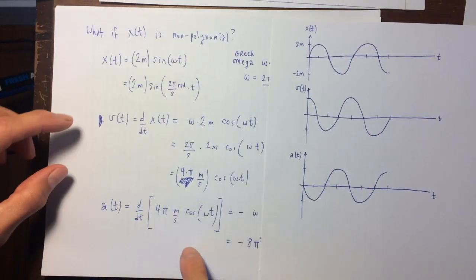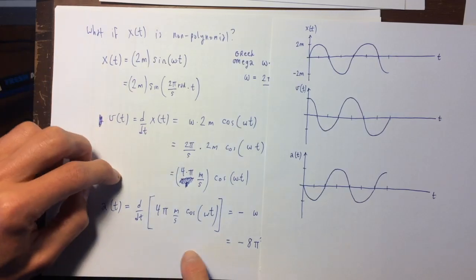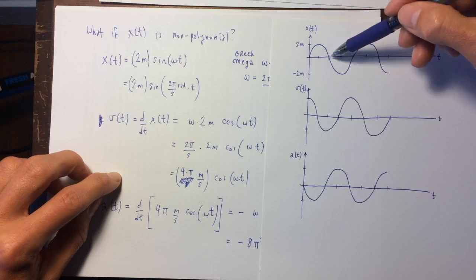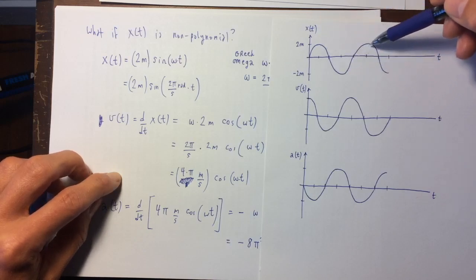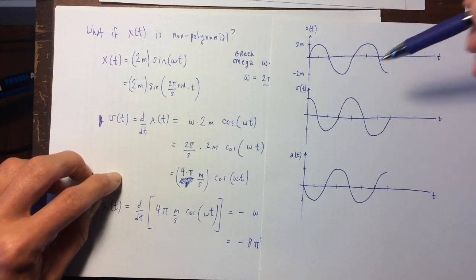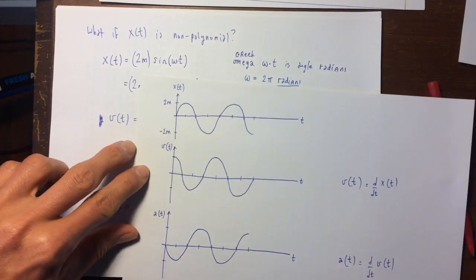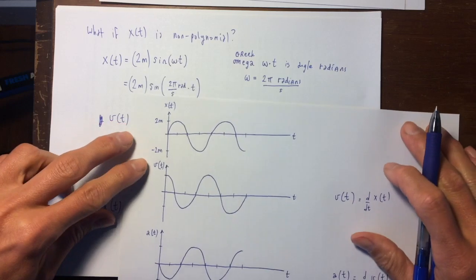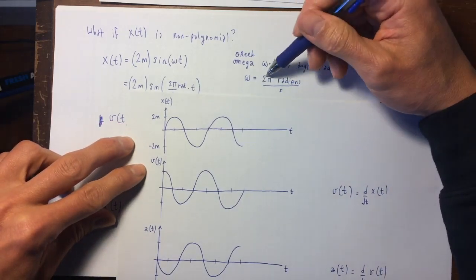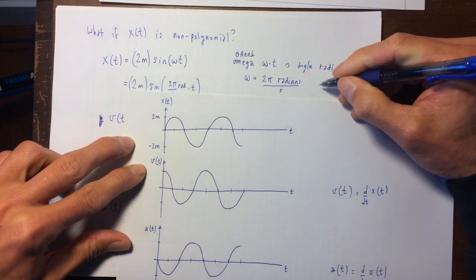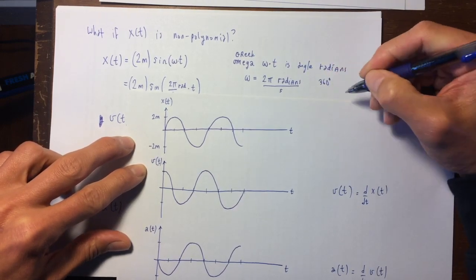If I compare to what I have over here, can you see that this x of t goes up to 2 meters and then down to -2 meters, then up to 2 meters and -2 meters, right? And it takes a certain amount of time to do that. Because omega is 2 pi radians per second, 2 pi radians is the same thing as 360 degrees.